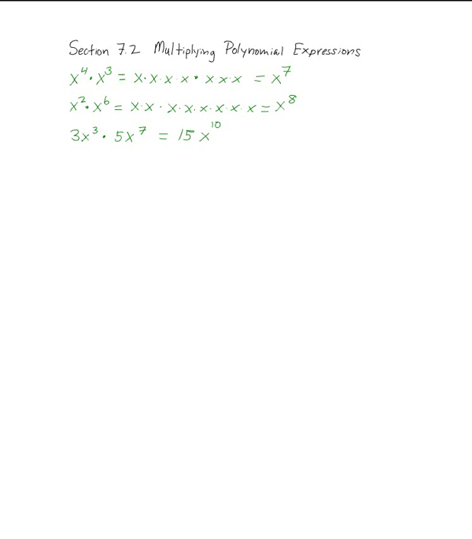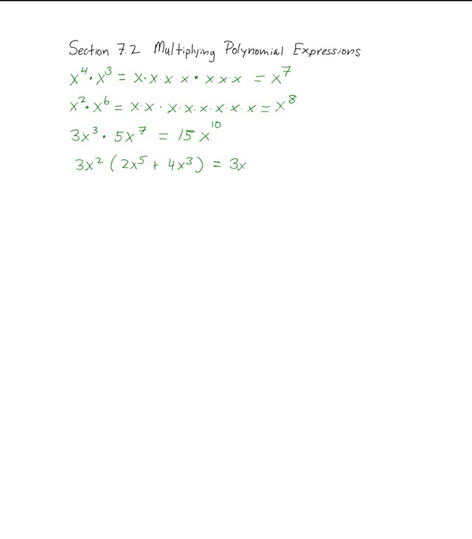Now, how do I take a monomial, like 3x squared, and multiply by a polynomial? 3x squared times 2x to the 5th plus 4x cubed. I use the distributive property. Okay, so I'm just going to write this down, although I wouldn't necessarily expect you to do this much writing each time. I'll show you what I mean in just a minute.